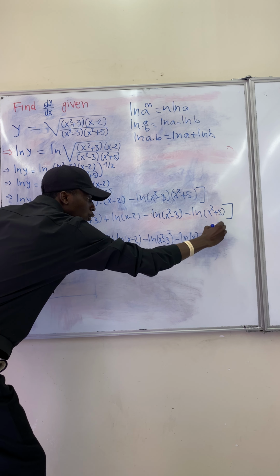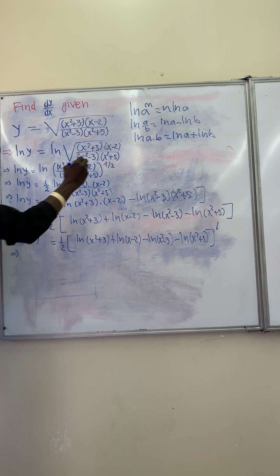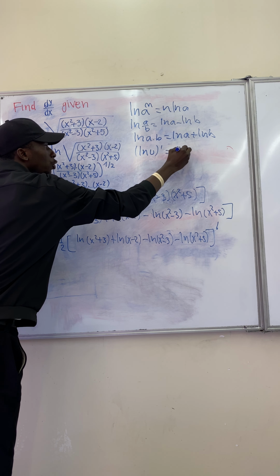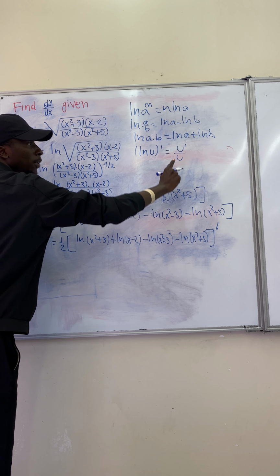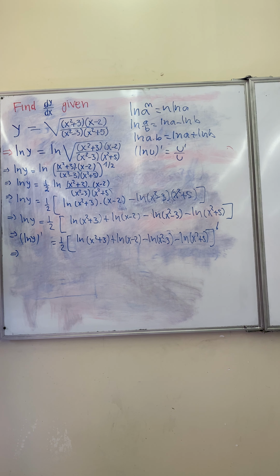So now, what will be the derivative of ln of y? Remember guys, when you are doing the derivative of ln of u, it's just u prime over u. It means you derive u, and then you keep u without deriving. So I'm going to write using color, guys.